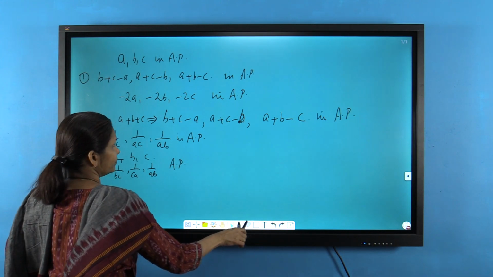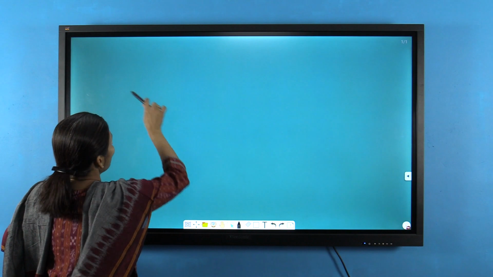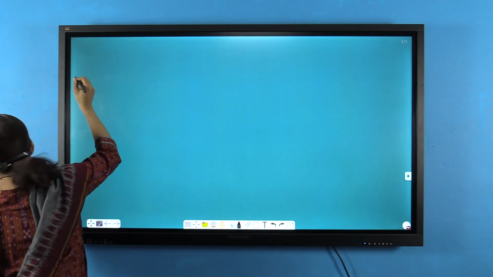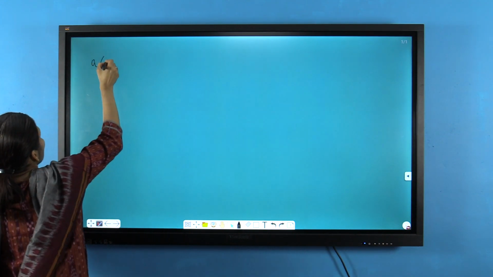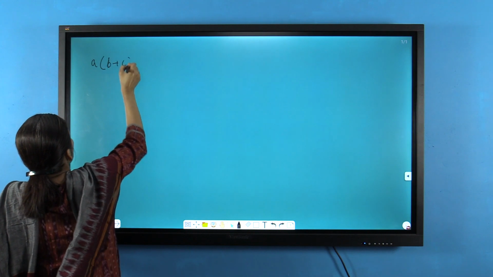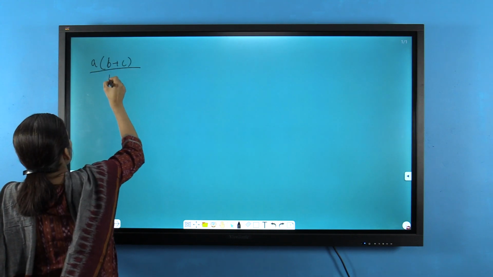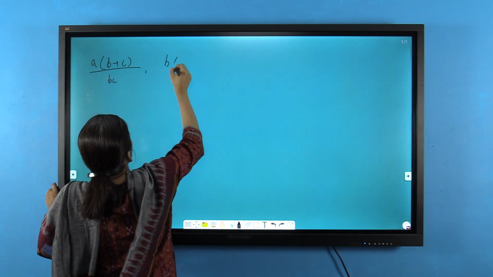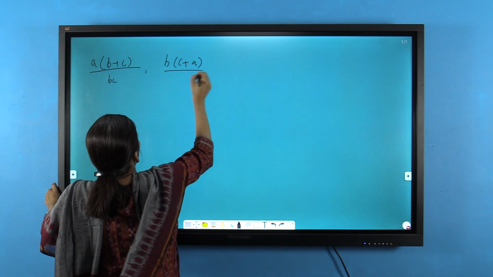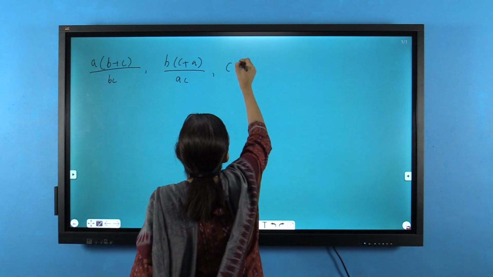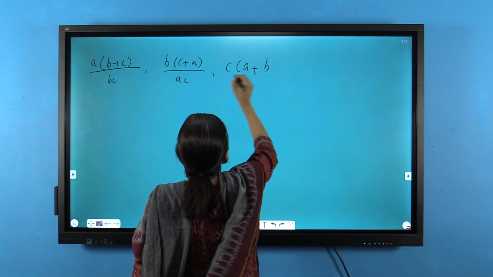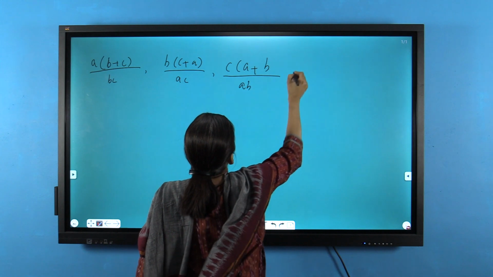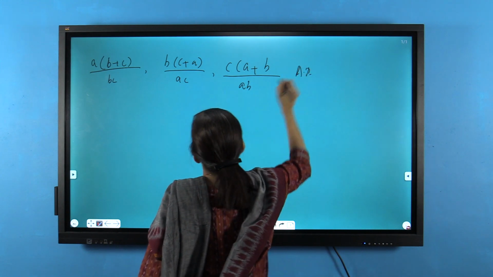Now, another one. In the same way, if A, B, C are in AP, prove that A into (B plus C) divided by BC, then B into (C plus A) divided by AC, C into (A plus B) divided by AB are also in AP.